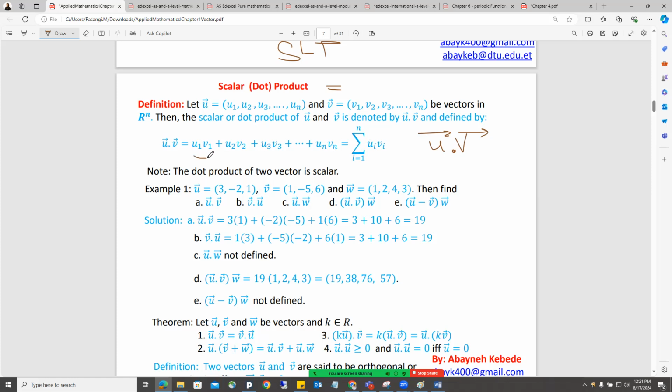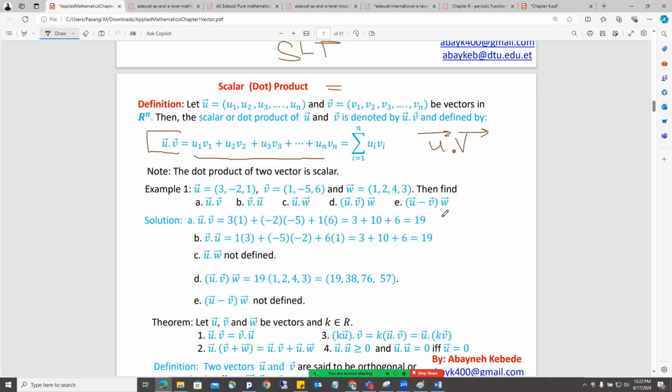So the final value equals the total. Here sigma means the total, we are adding all these values: sigma, i equals 1 to n, because we start with 1 and we have n spaces, of u_i v_i. Is it clear how we define this dot product?